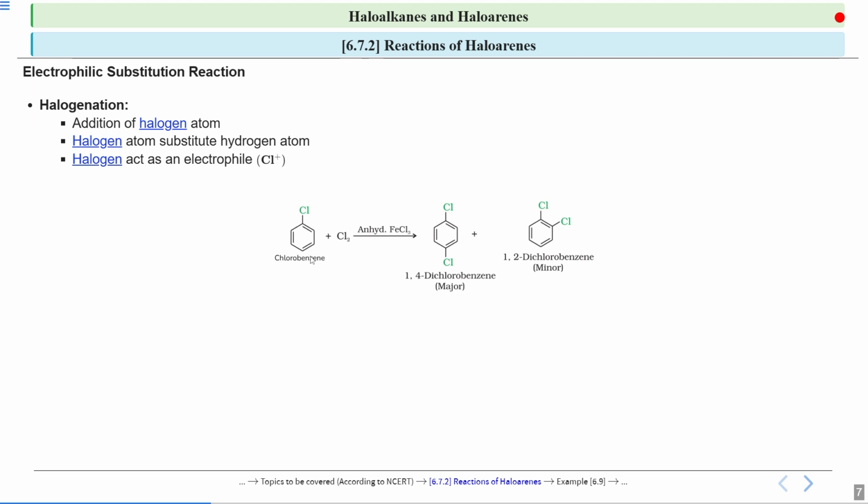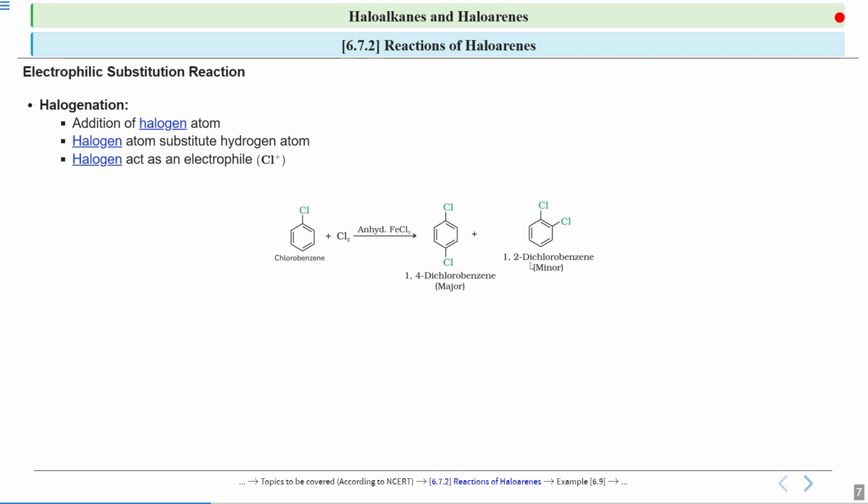This is very clear. We just have understood this, right? Due to the plus R effect, the chlorine, which is an electrophile, attacks on the ortho and the para positions of this ring. So you will get a mixture of products. First, you will get the major product when the electrophile attacks on the para position, which is 1,4-dichlorobenzene.